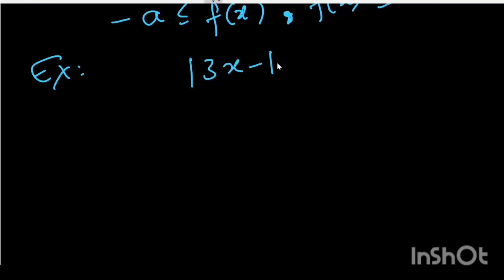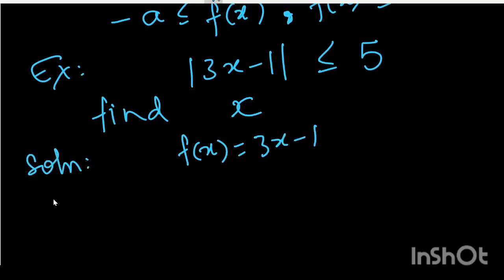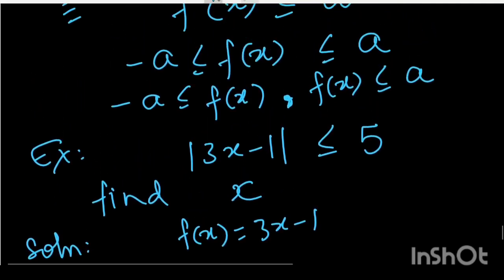Mod 3x minus 1 less than or equal to 5. Solve for x. So guys, as you can see here, f of x is 3x minus 1. So we can write f of x from minus a to a.